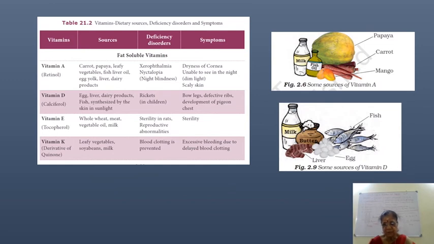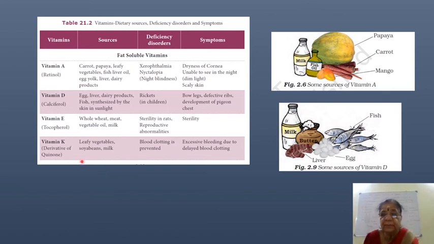I hope you are following this. So vitamins are of two categories. Fat soluble vitamins are A, D, E and K, whereas water soluble vitamins are vitamin B complex and C. Correct? Now we look at the tabular column given in our textbook.